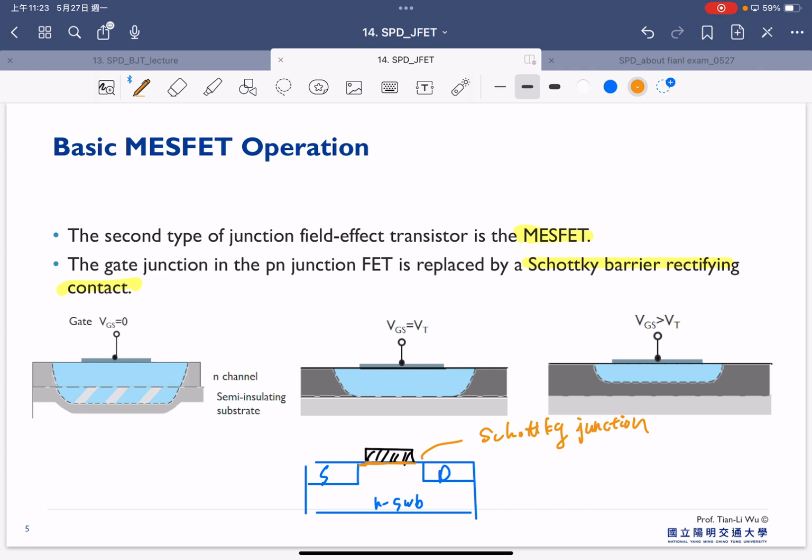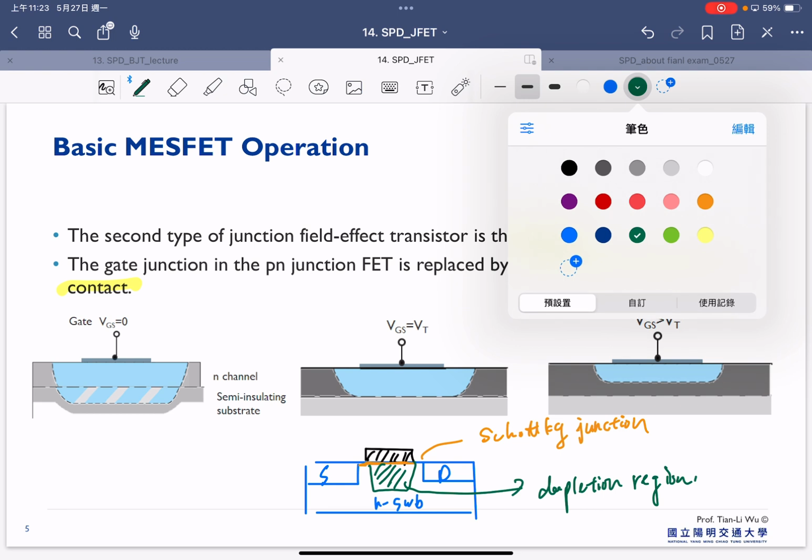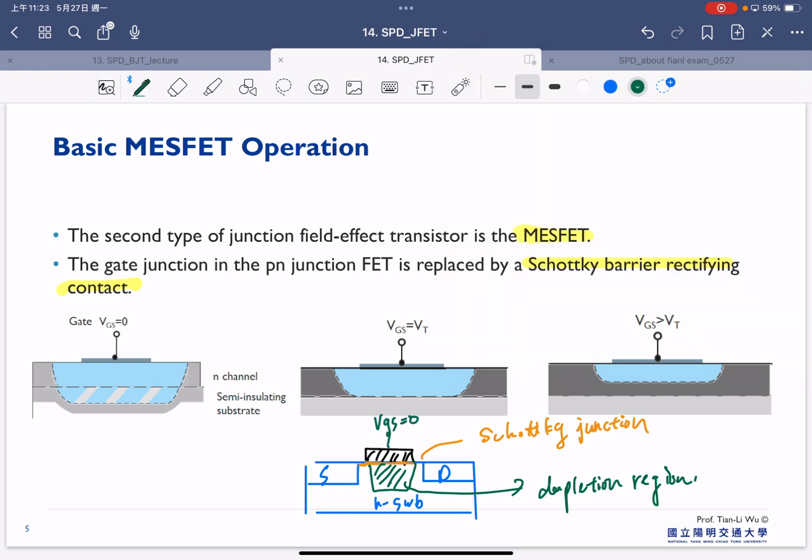And as you know, with a Schottky junction, once we apply the bias and reverse this Schottky junction, you will still have the formation of the depletion region. Because at zero bias a certain depletion can already be formed. And once you increase the bias, then your depletion region is reduced.